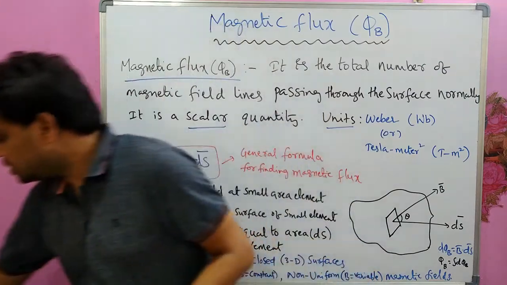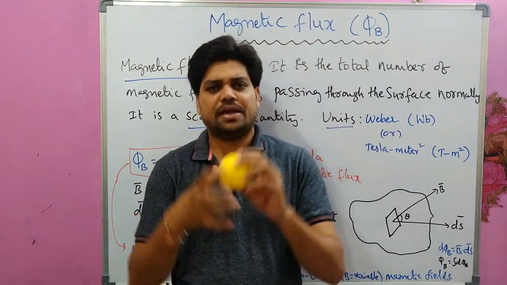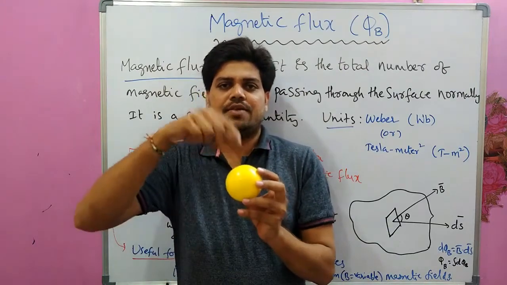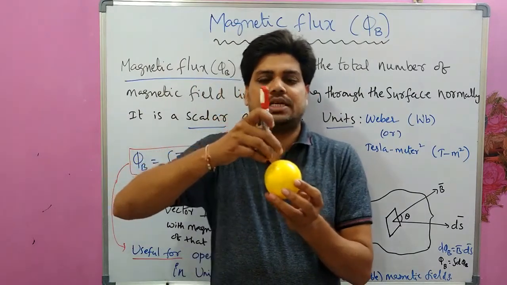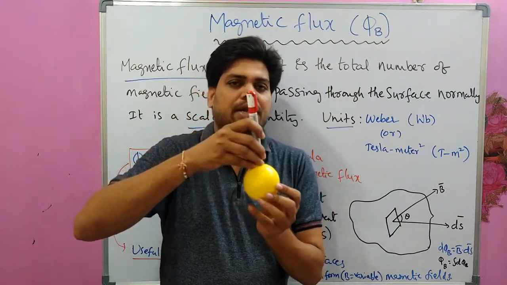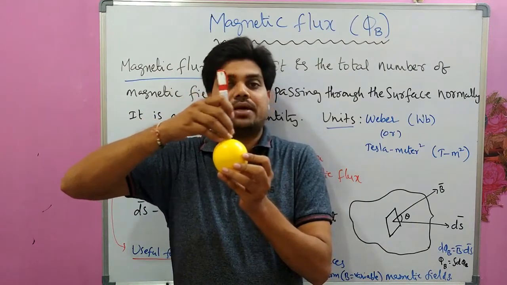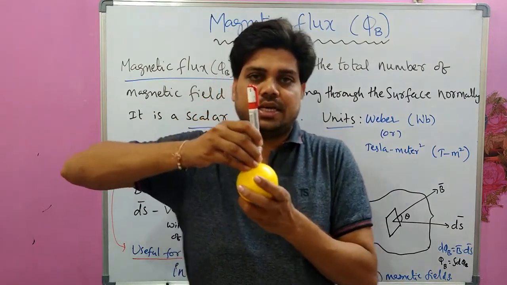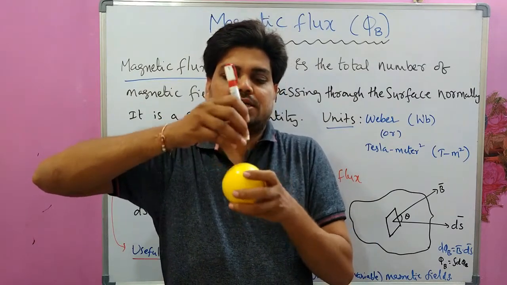Whereas a closed surface is like a sphere, it can be a cube, it can be anything which is closed. The area vector is always perpendicular to the surface. We generally consider small area elements on the closed surfaces, and on those small area elements, the area vector is always perpendicular to that small surface. So if I look from here, the area vector direction is here at this particular area, and here it will be like this, here it will be like this, here it will be like this.